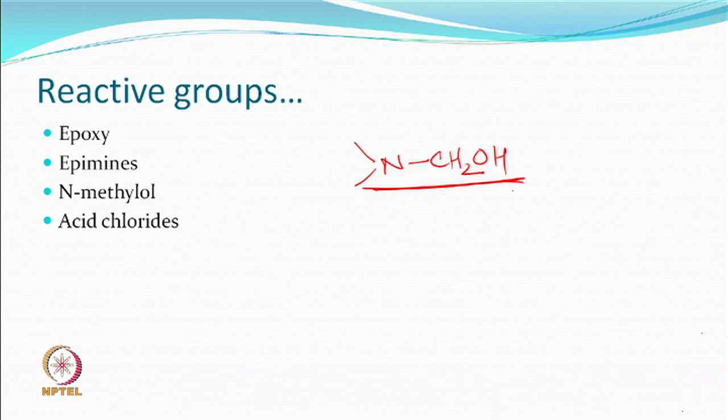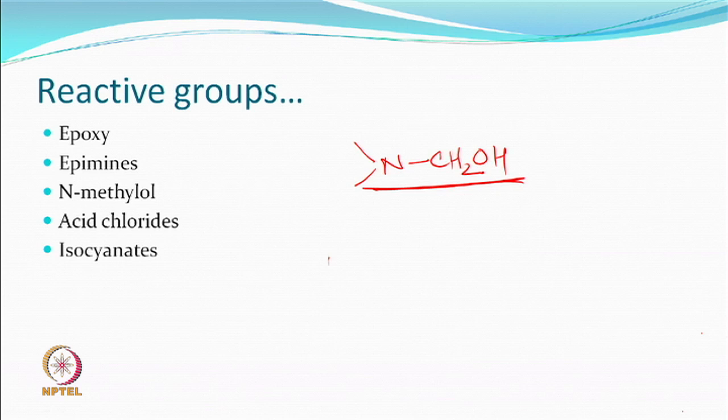Acid chlorides are also, if you remember, sometimes we talked about very reactive compounds which can go for interfacial polymerization also with any type of acid, alcohols and so on and so forth. They can also react, but people have tried isocyanates also.